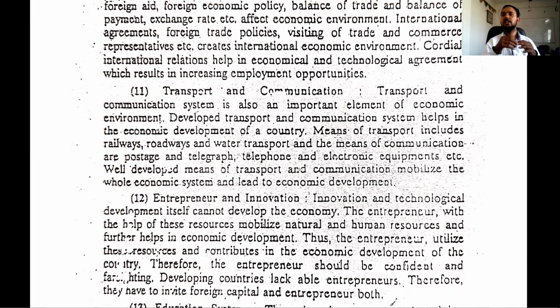They can easily distribute their product to each nook and corner of the country. But if a country does not have proper facilities of transportation and communication, a firm has to suffer a lot. So the firm needs to rely on the basic facilities given by the government.